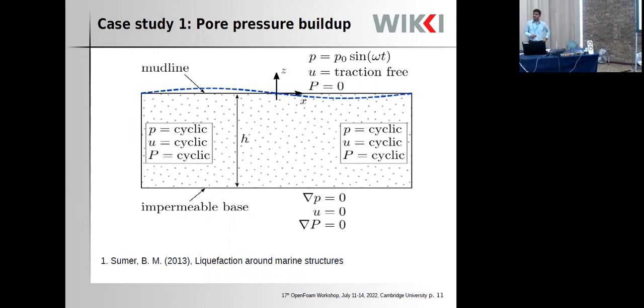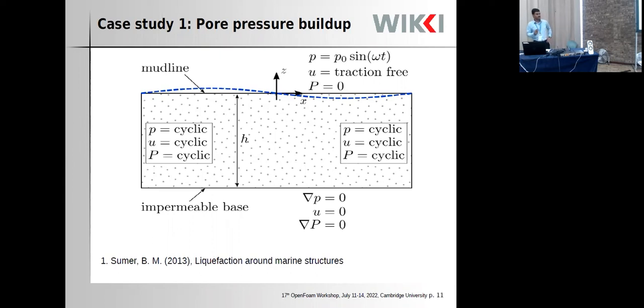And here's the case study that I wanted to compare against the analytical results. I have here a seabed, and the length of the seabed is equal to one wavelength. If I talk about the boundary conditions, I have the wave equations on the top for the pressure, and a traction free condition for the displacement, and the pore pressure buildup, or the accumulation of pore pressure, is 0 at the top.